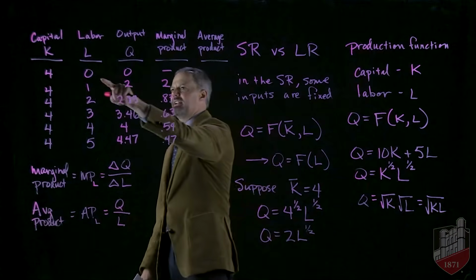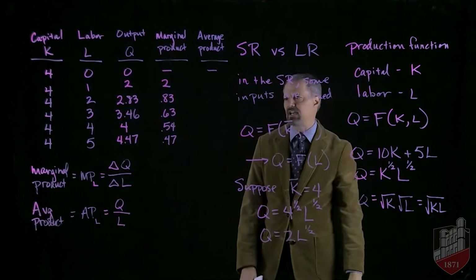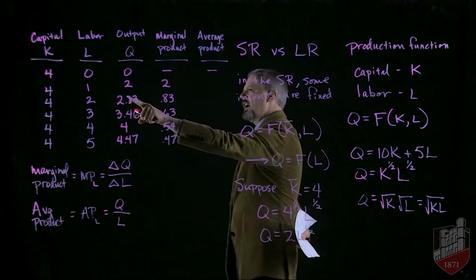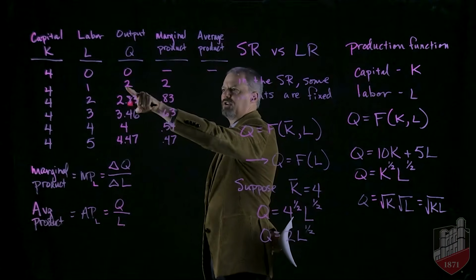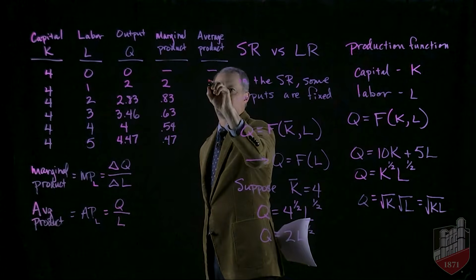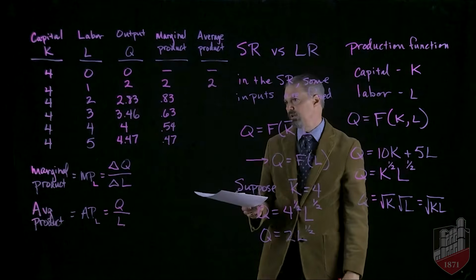We can't divide here. We've got 0 workers. We can't divide by 0, so I'm just going to put a dash there. But here, if we've got 1 worker, we're producing 2 units of output. Well, 2 divided by 1, that would be 2. The average product of the first worker is 2 units of output.